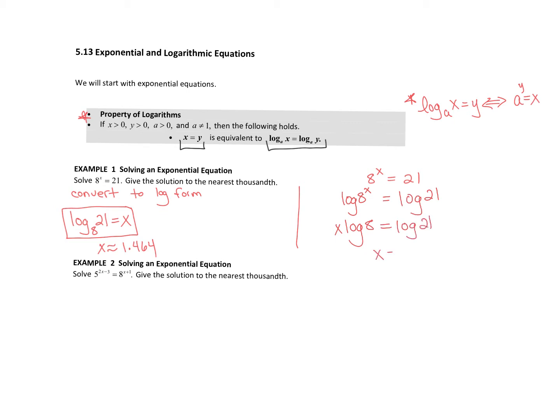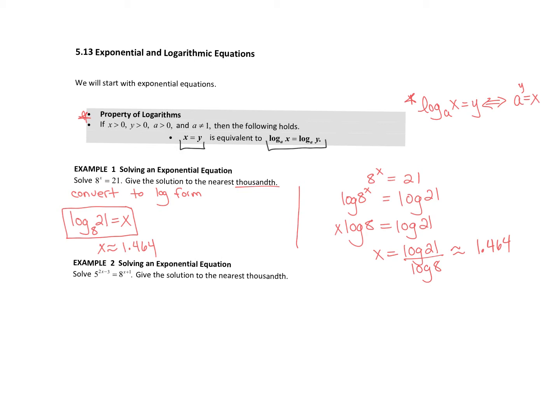And we get log 21 divided by log 8, which is also approximately 1.464. If we're going to do the nearest thousandth, we should be rounding to the third decimal place.